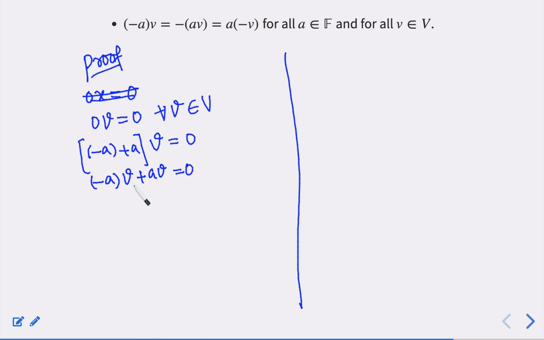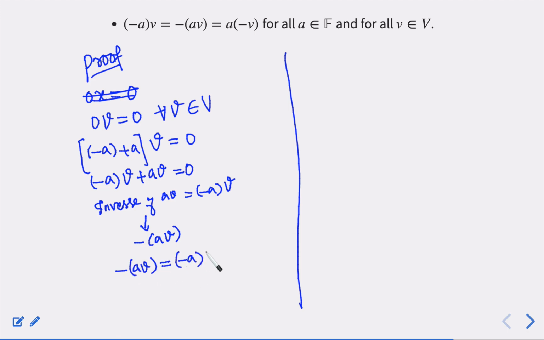And that says that the inverse of av is actually minus a times v. And I know that the inverse of av is unique. And on the other side, I know that the inverse of av must be the same as minus of av from the property of vector space. And therefore, minus of av is the same as writing minus a times v.